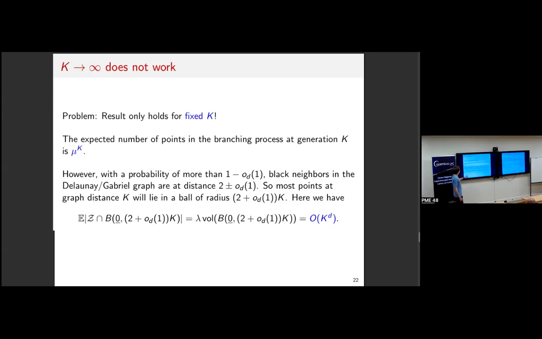But if we then compute the expectation of black points, even of points in this ball, then this will be of order k to the power of d. So you see here it's exponential in k, and here it's not exponential in k.